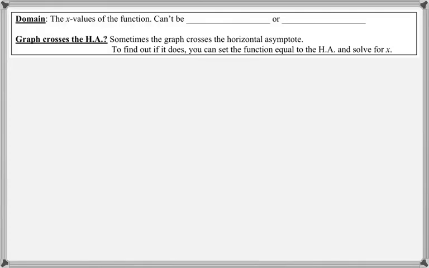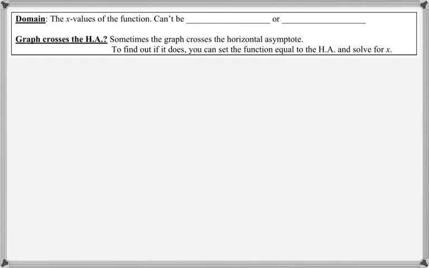So before we do the questions where we combine everything that we've learned so far, there's two more things we need to talk about, and that is the domain. And the domain, these are the x values of the function.